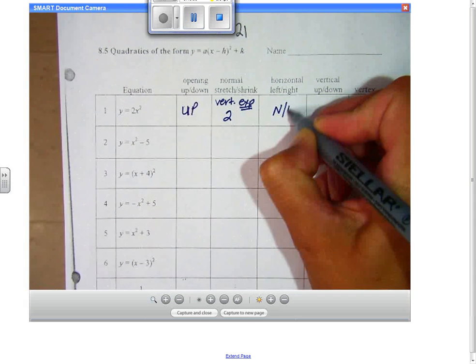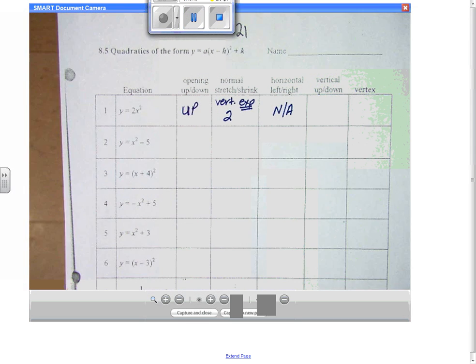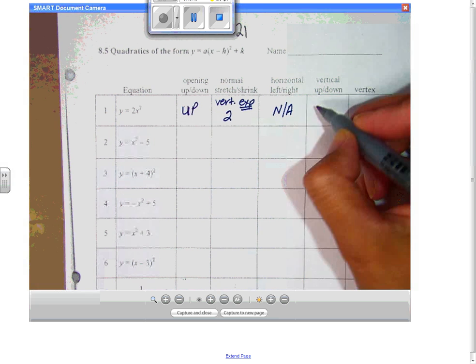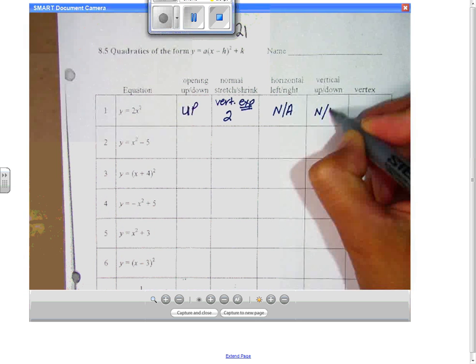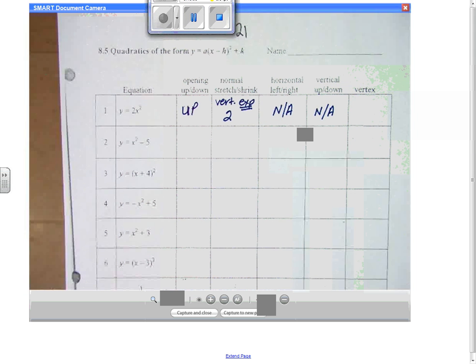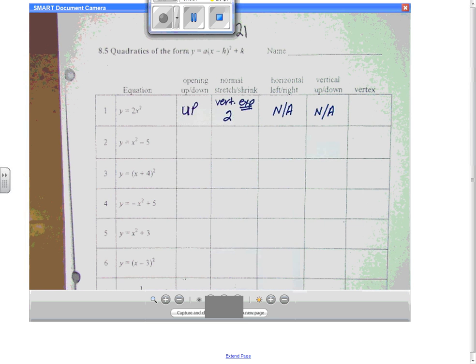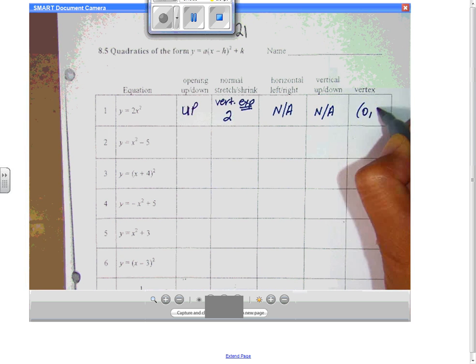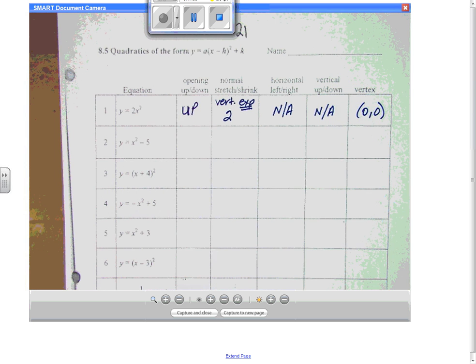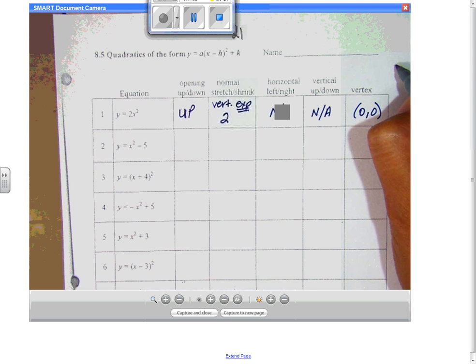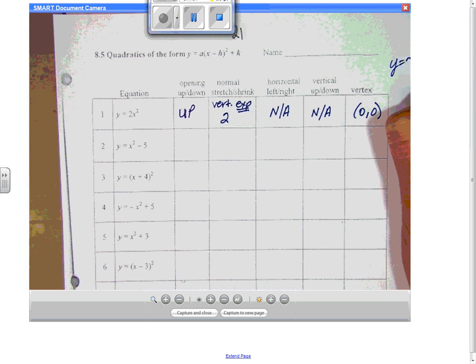There are no brackets to indicate there's been a horizontal translation. Vertical up or down is when we add a number on the end and there is not a number subtracted or added on the end. A vertical shift is not applicable. The vertex, therefore, has not moved left to right, up or down. It is the normal, in quotes, vertex at 0, 0. So we are always comparing to y equals x squared, our parent function.